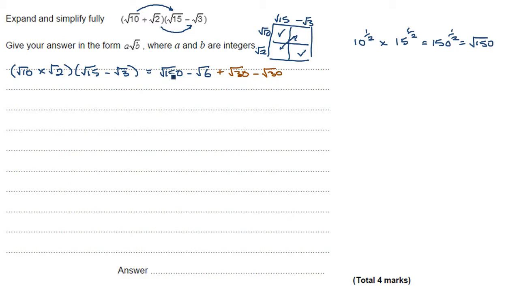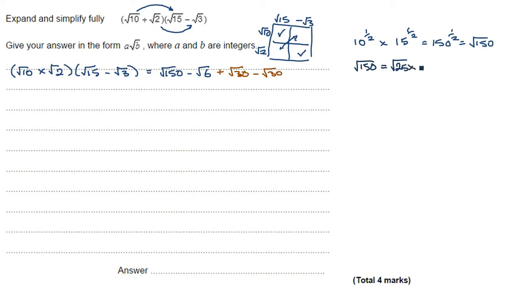Now the final stage of the process is going to be to expand this root 150. Working to one side here, with 150 we're always looking for a square under here so that we can pull out as much as we can outside the radical sign. If we think of our squares, we've got 2 squared is 4, 3 squared is 9, 4 squared is 16, 5 squared gives us 25, and so clearly there's 25 under here. So we've got root 25, and we've got 6 of those.